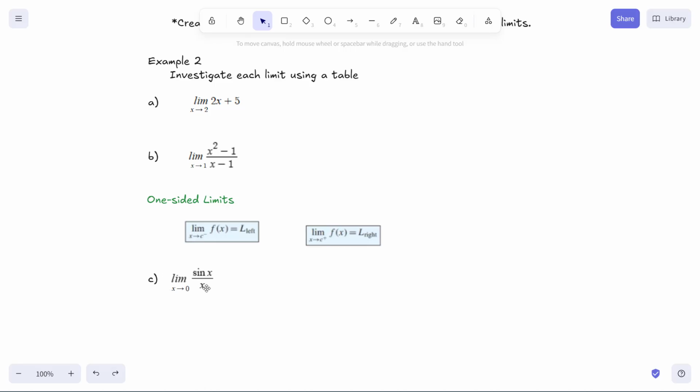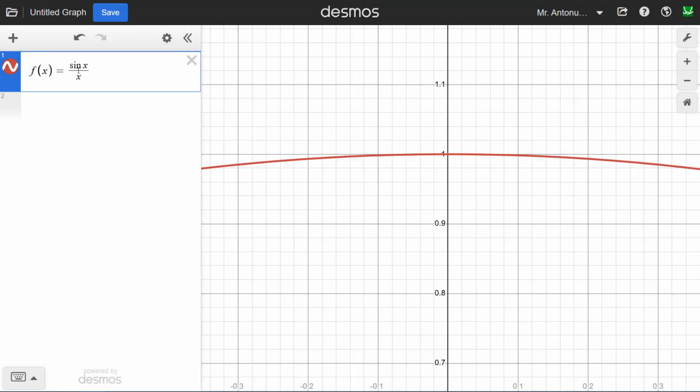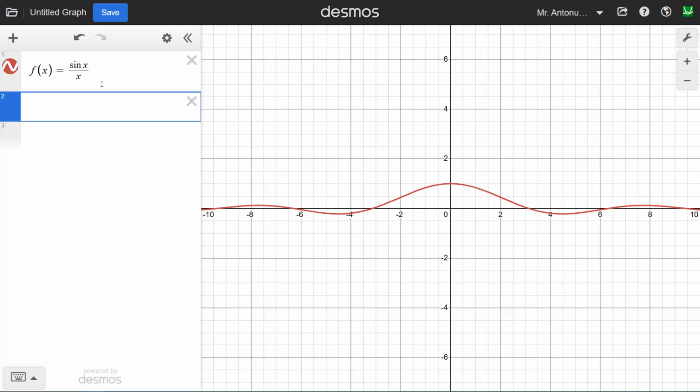So what we want to do here is investigate the limit as x approaches 0 of sine x over x. Make sure you're dividing the sine x by x and not just the x. You have your graph here. That's going to be helpful. And we want to investigate the limit as x approaches 0 from the left and right.